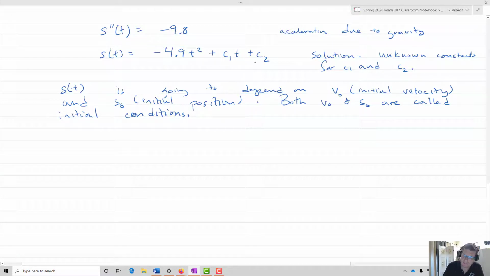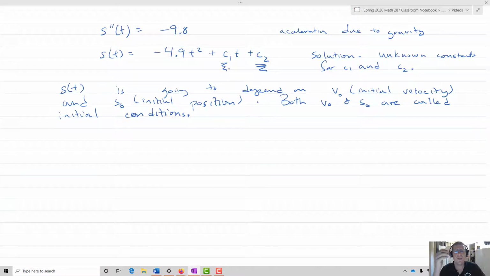When I take the first derivative, I lose c2, and when I take the second derivative, I end up losing c1. So I lose information about my function. Consequently, every time I take the integral, I have to add that information back in by utilizing an initial condition. We've used that before as you've done differential equations in your calculus classes.